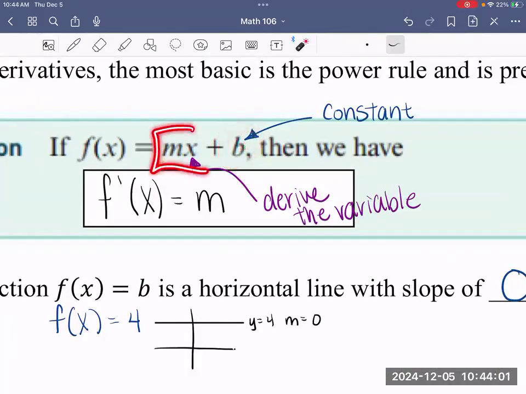Now, the reason why m is left behind is that when x is to the first power, being linear, it has a degree of 1. We're going to subtract 1 every time from the degree of your variable, and we'll see this in a second in the formula.